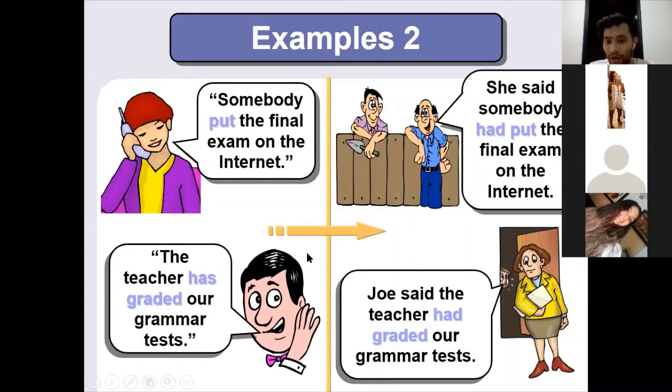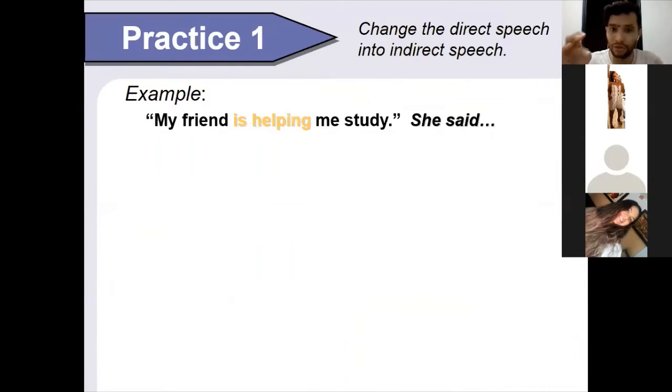Very good. In the real information, we had present perfect, right? In the reported speech, we get the past perfect. Now, let's move on to more exercises.